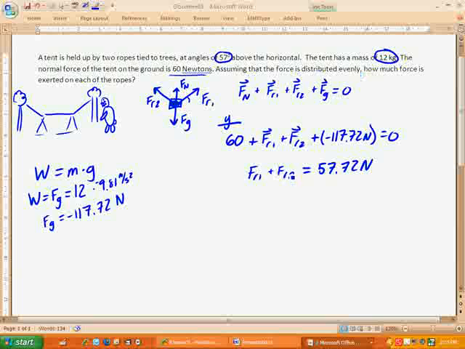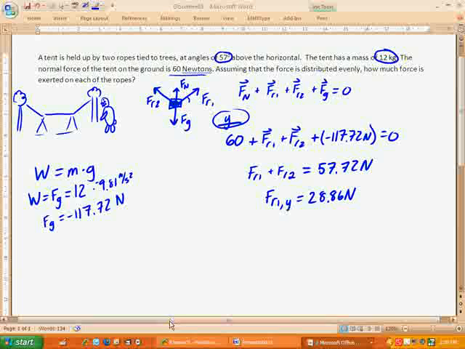So since there's two ropes, that means that if I add these two together and get that, these being the same, then all I need to do is halve this. And so I'll go ahead and divide it by 2. And so the force of one of those ropes, now again this is in the y direction, everything was in the y direction, is going to be equal to 28.86 newtons.